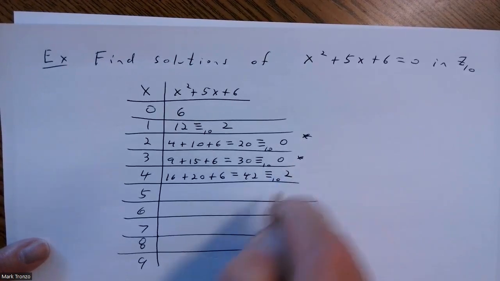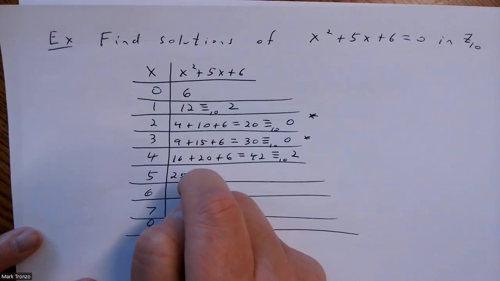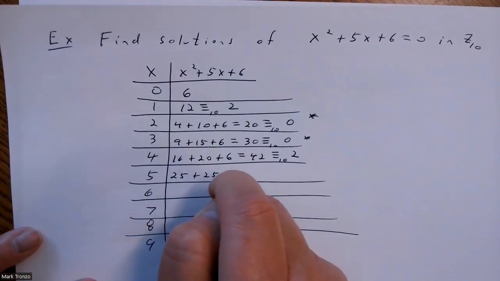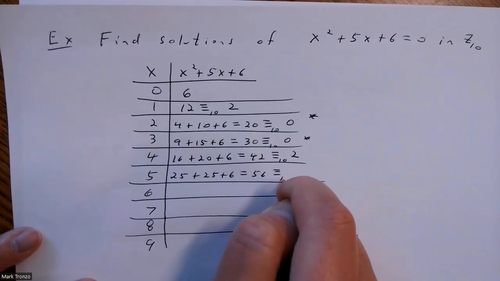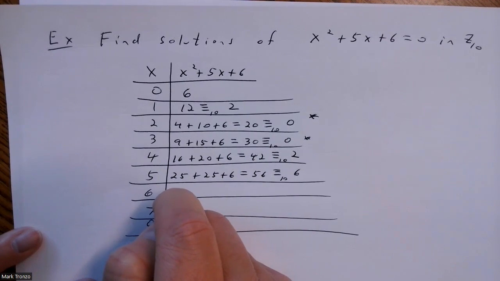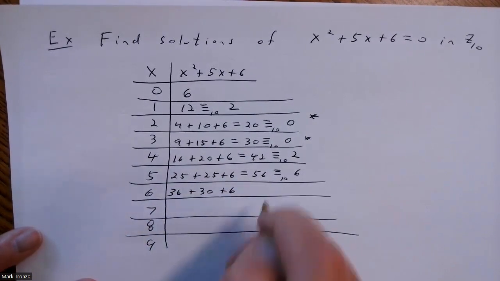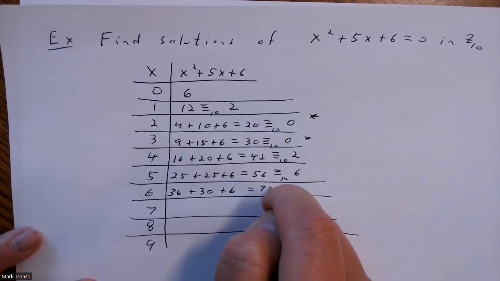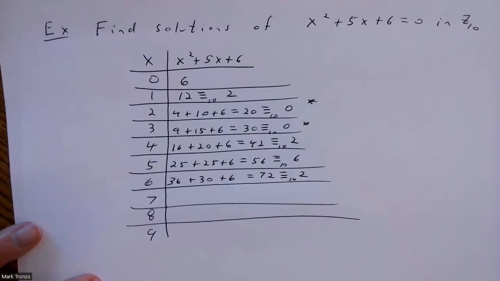That's going to be 2. That won't work. And then it's going to be 25 plus 25 is 50, going to be 56. Mod 10 is going to be 6. This will be 36 plus 30 plus 6, like that, 72. Mod 10, that's going to be equal to 2 mod 10.